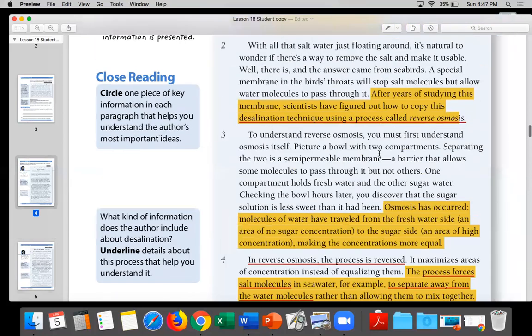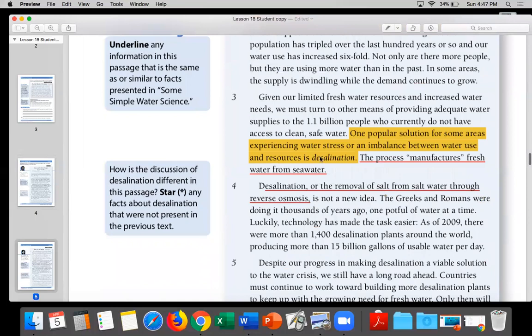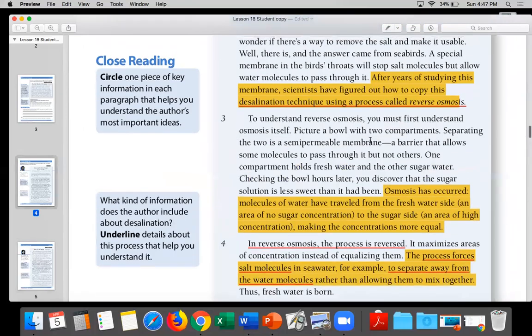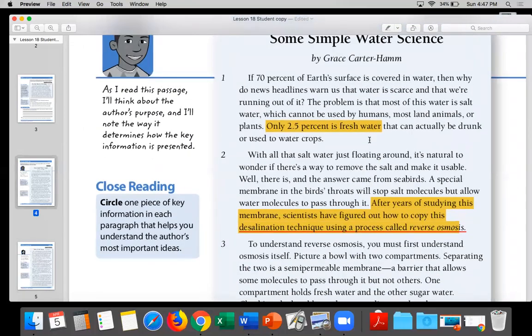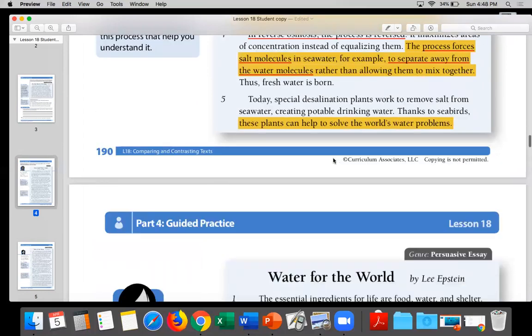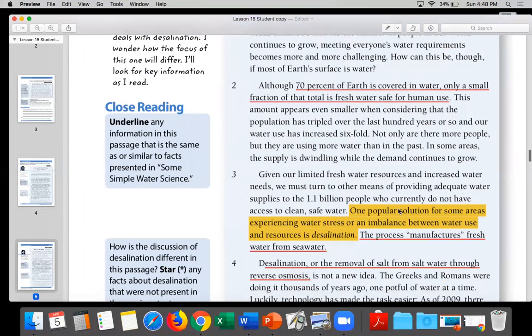Oh, I'm looking at the same thing. That's why. One popular solution for some areas experiencing water stress or an imbalance between water use and resources is desalination. This one just mentions the one solution. This one says that it is one popular solution, so implying that there are others.